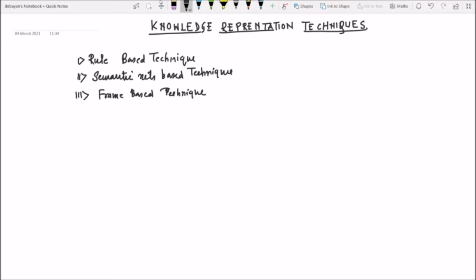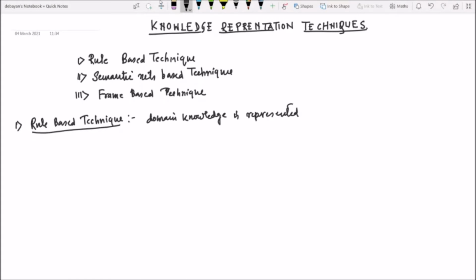So we know in case of rule based technique, in a rule based expert system, the domain knowledge is represented as a set of rules.